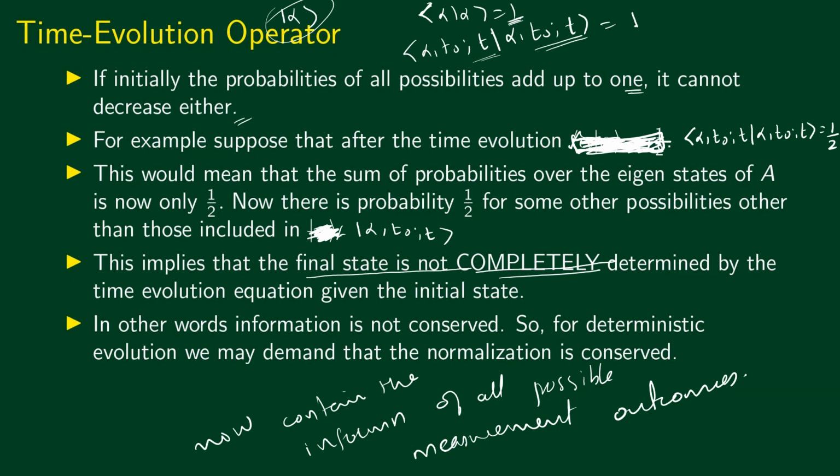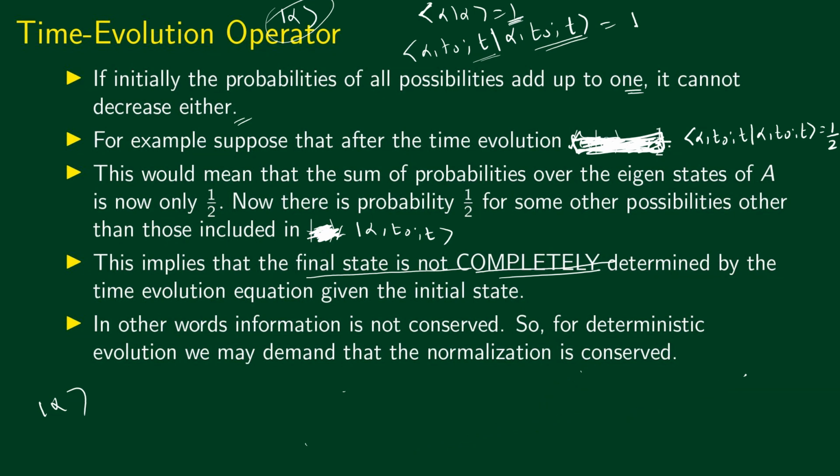We are given the initial state, but all the information regarding the final state is not determined if the normalization drops to a lower number. So normalization cannot drop to a lower number if we want determinism, or if we want conservation of information. Okay, so for deterministic time evolution, we may demand that normalization is conserved.